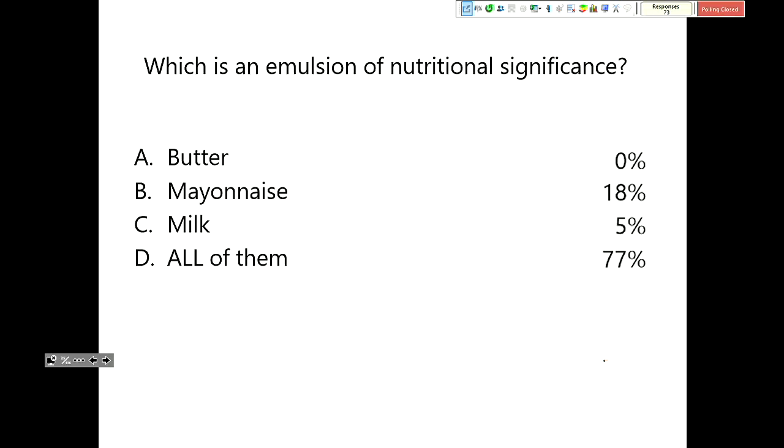Technically, butter, all of these are foodstuffs, and all of them are emulsions. Butter is water and oil, or rather water and fat. It's not oil, it's a fat. Similar to mayonnaise, and then milk is a fat and water emulsion.